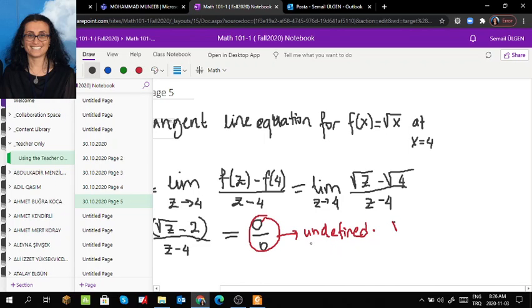We multiply by the conjugate, square root of z plus 2.